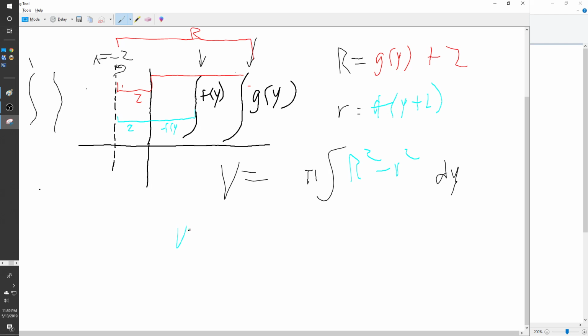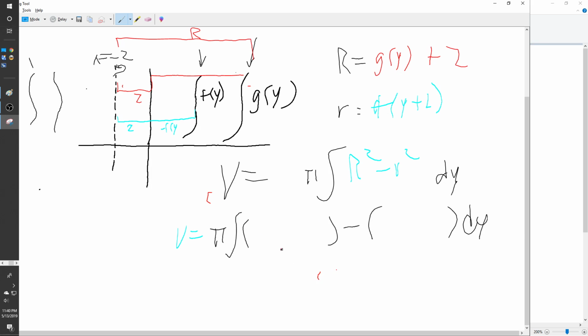So we're going to get V equals pi integral of, minus. For completeness' sake, so it looks nice, we have g of y.